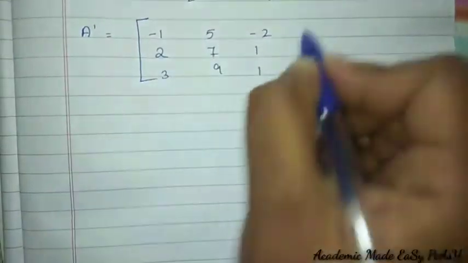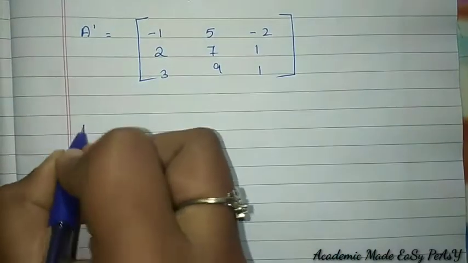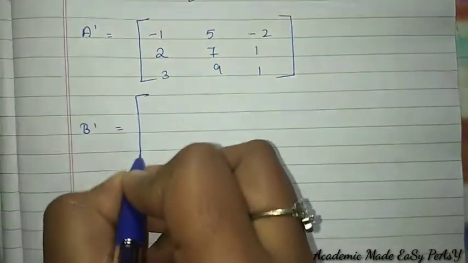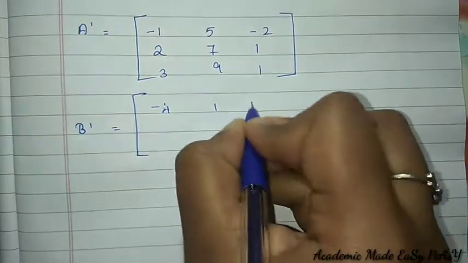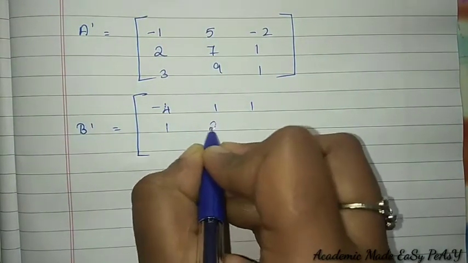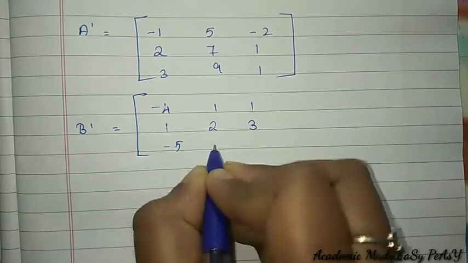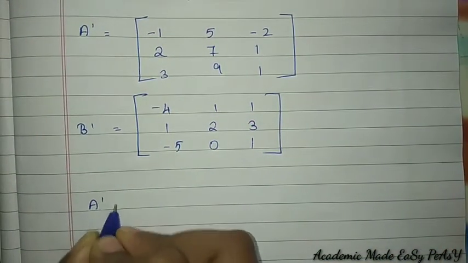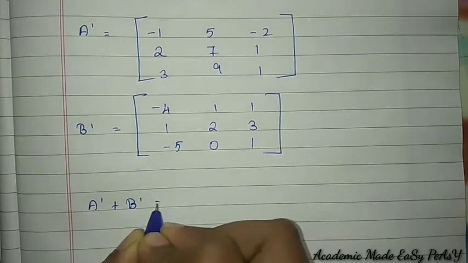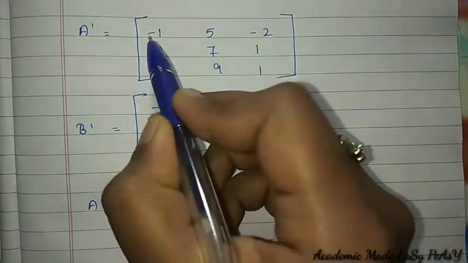This is my A transpose. And my B transpose will be minus 4, 1, 1, 1, 2, 3, minus 5, 0, 1. Now I'm going to add A transpose plus B transpose.